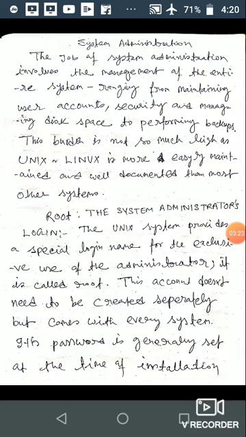Of course it is a burden to maintain the system, but however it is manageable, because Unix is more easily maintained and well documented than most other systems.